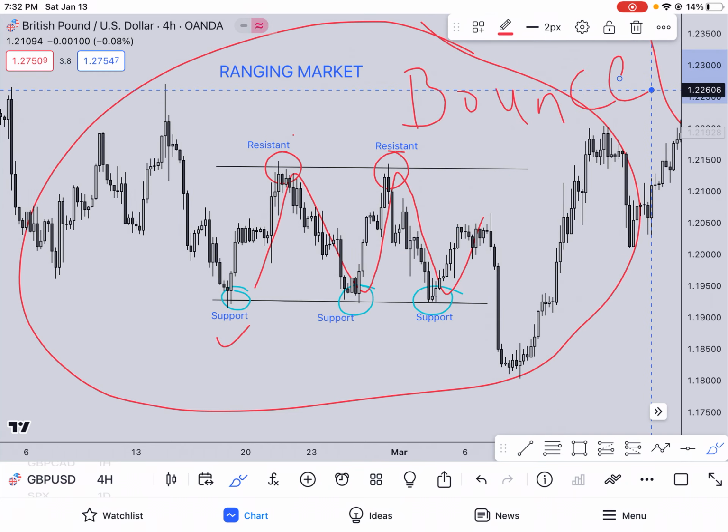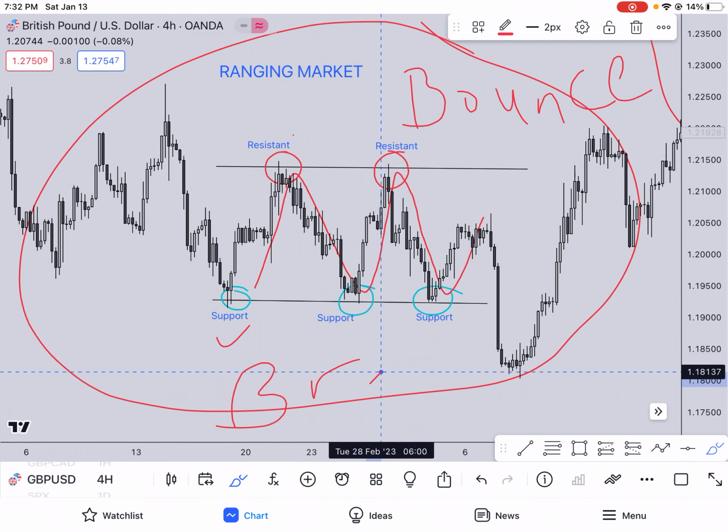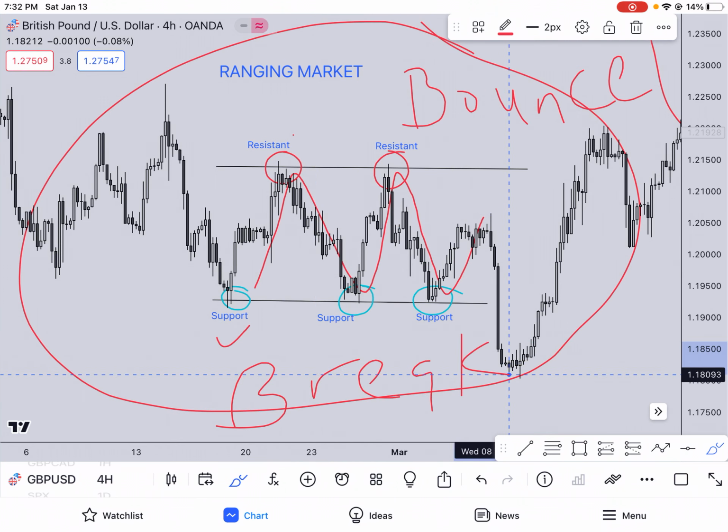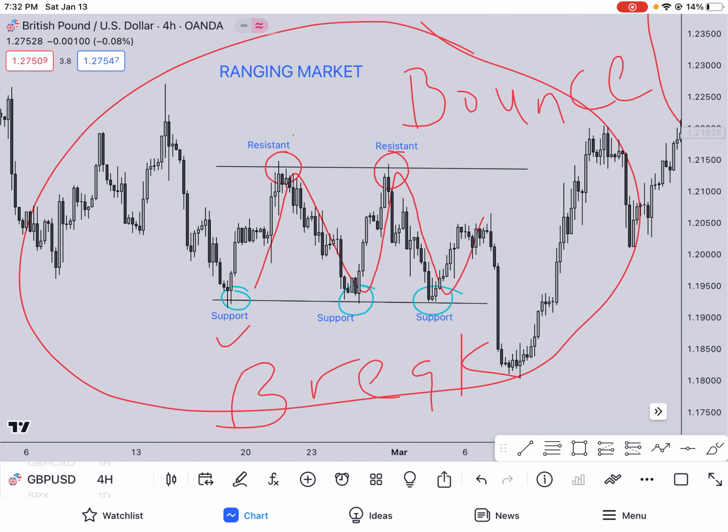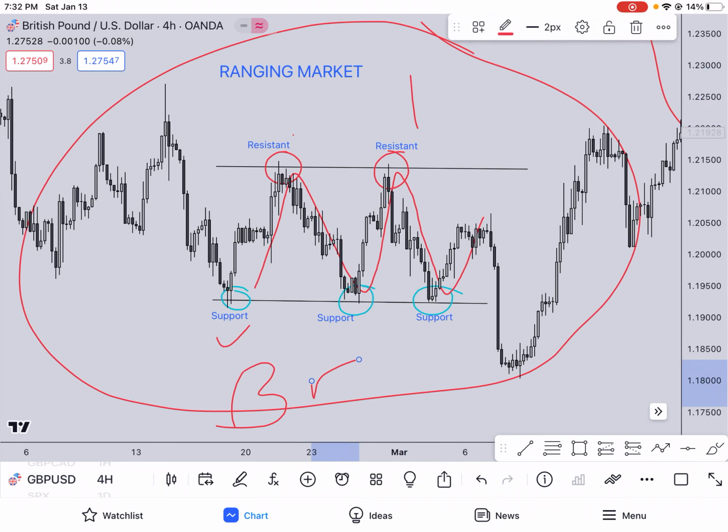Either you trade the bounce, or you trade the break. I'm going to make sure that we all understand what we are learning. I'm just giving us a brief understanding of the whole thing. So there are two ways of trading support and resistance. We trade the bounce, and then we can trade the break.